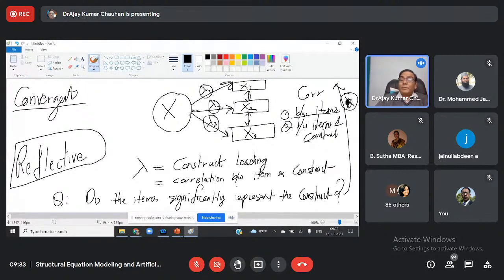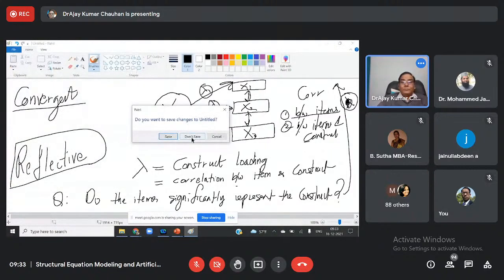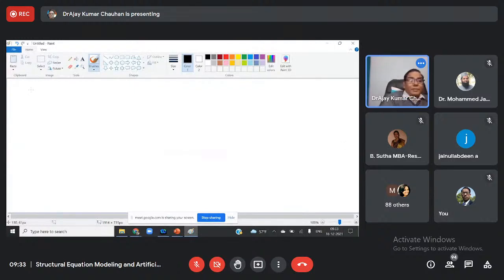I want to know two things: whether the correlation between items is strong, and whether the correlation between items and construct is strong.